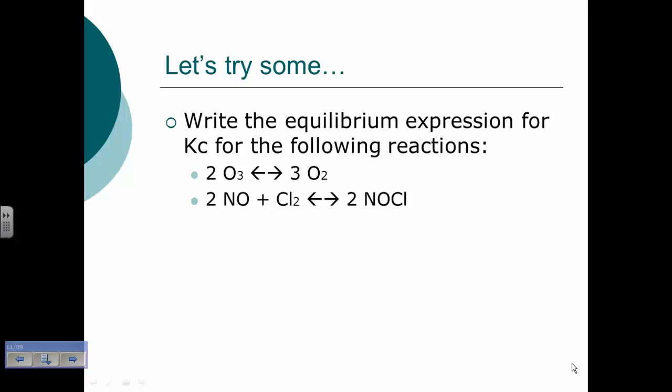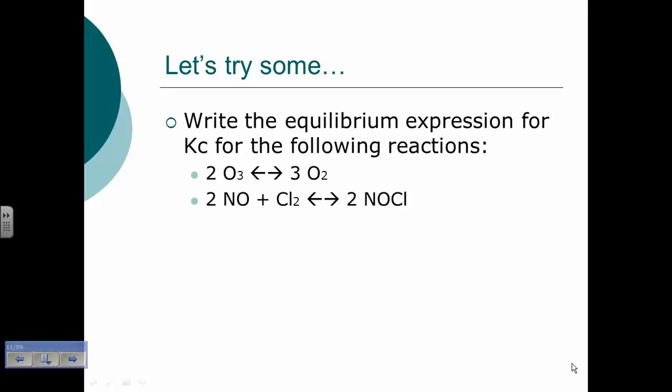Ozone is O3, molecular oxygen is O2. 2 moles of ozone rearrange to form 3 moles of oxygen. We're being asked to put that into a Kc equilibrium expression, where the concentration of molecular oxygen cubed is set over the molarity concentration of ozone squared.